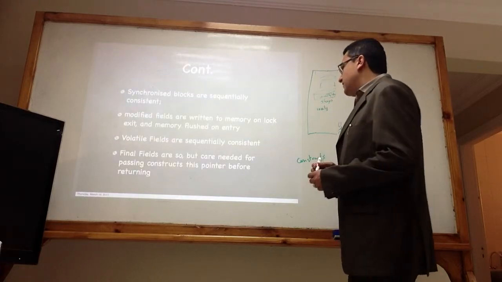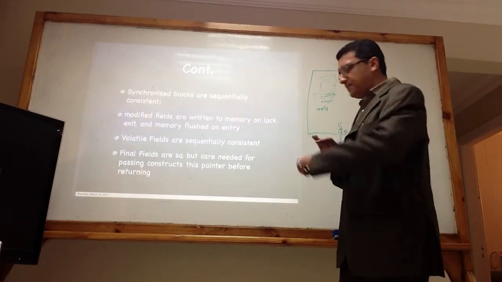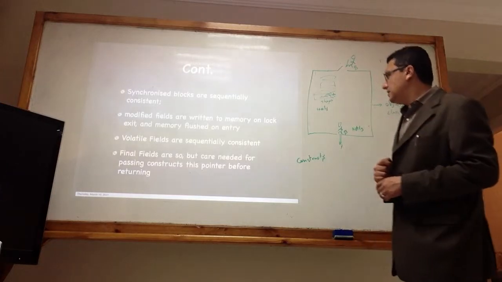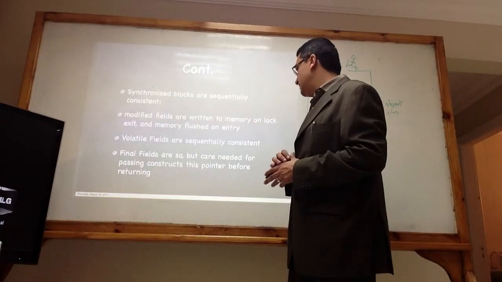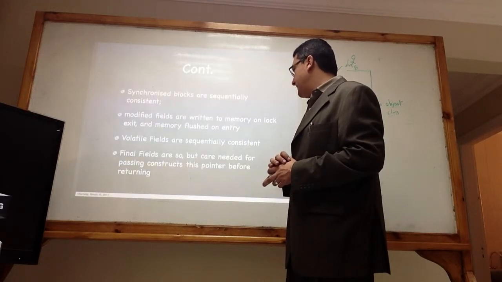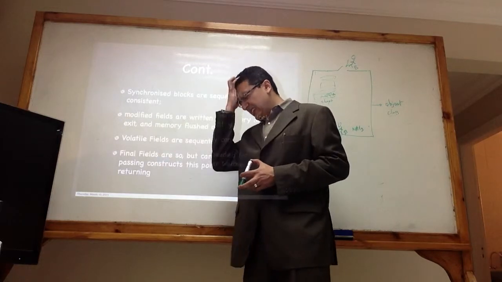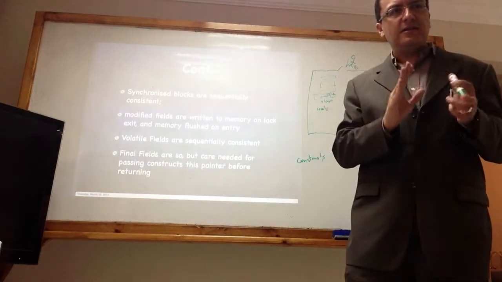So the thing is, if you are passing a final field to a constructor, a final value takes a constant. You assign it only one value and you can't assign it anymore.